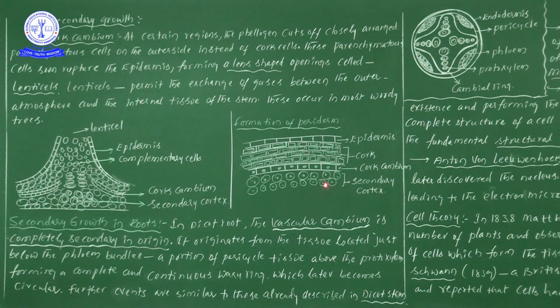Now for the metabolic activities of these cells, what is required is air, that is, oxygen. Why? Because the food materials prepared in the leaves enter the different living tissues.